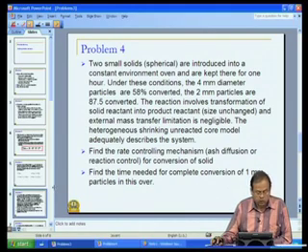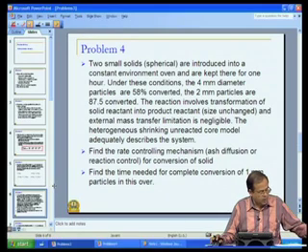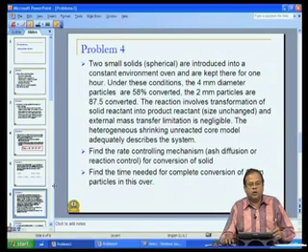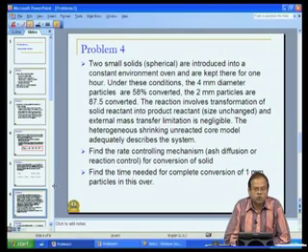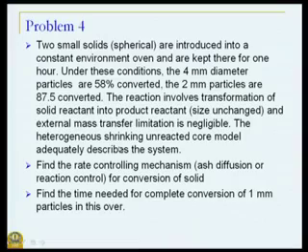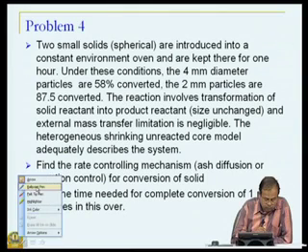Okay. Let us look at this problem based on gas solid catalytic reaction. What does it say? It says that two small spherical solids are introduced in a constant environment oven and are kept there for 1 hour.